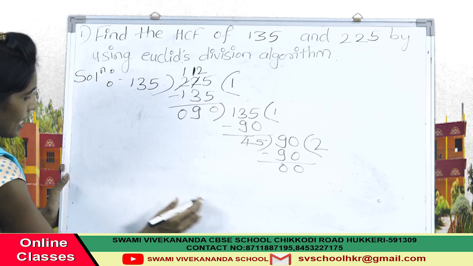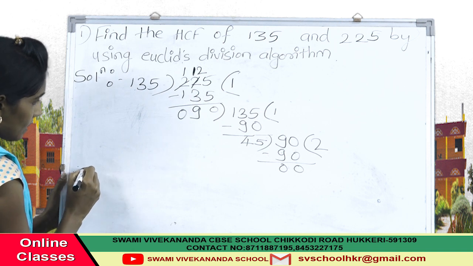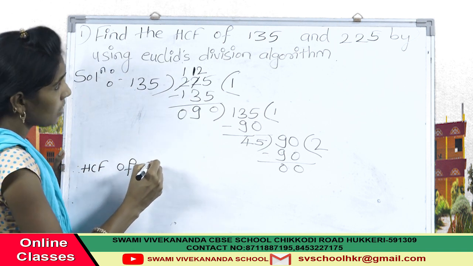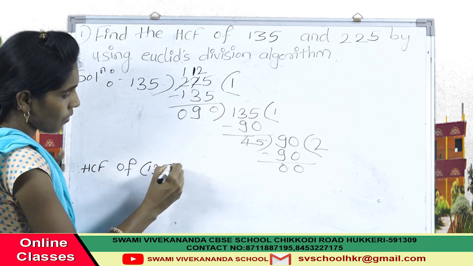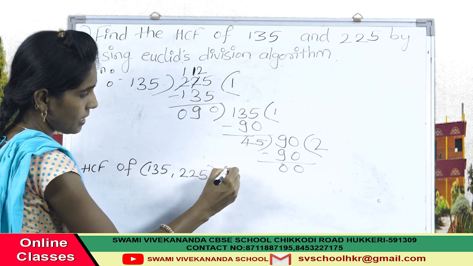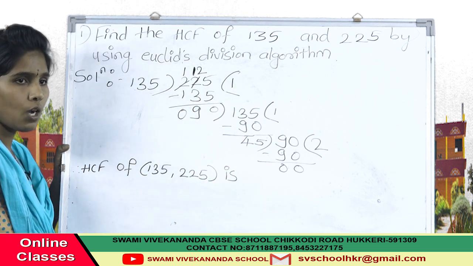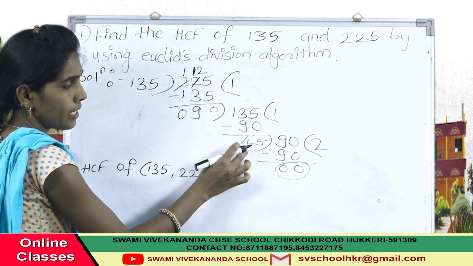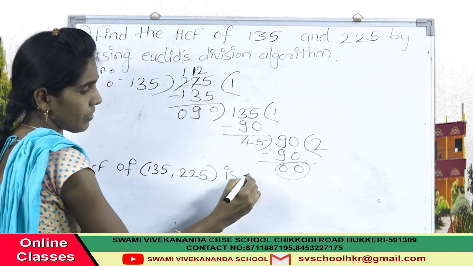Hence the HCF of 135 and 225 is, which one do we take? Where our remainder is 0, that divisor we have to take as the HCF.